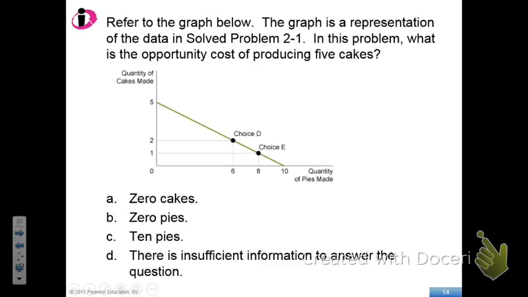Anyone? So there is a B answer, there is a C answer. Anything else?